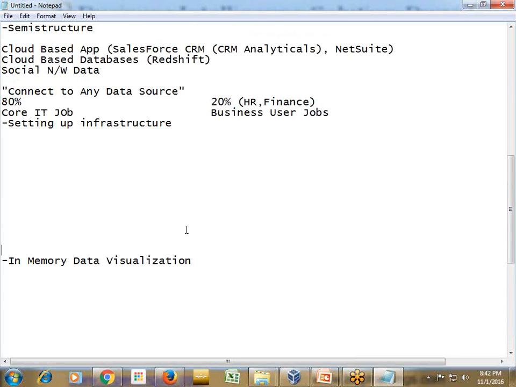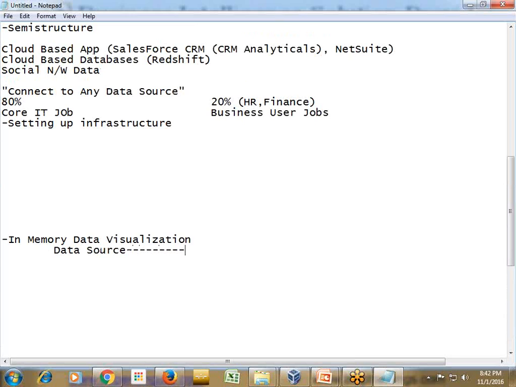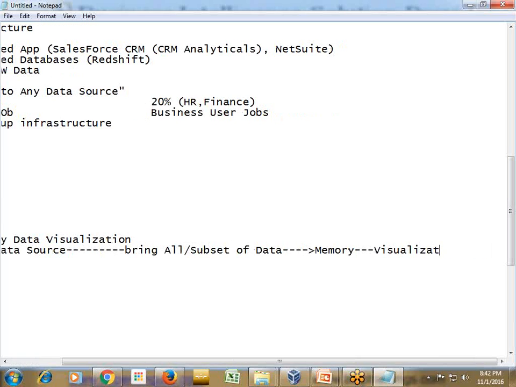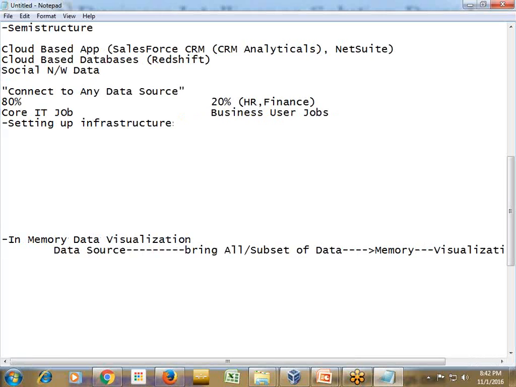What is in-memory? It's as simple as saying, bring all the data, or a subset of the data, from your different sources, put it into memory on the local system, and then visualize it. What is the benefit? Naturally, performance is good, indeed, right? Performance is good.